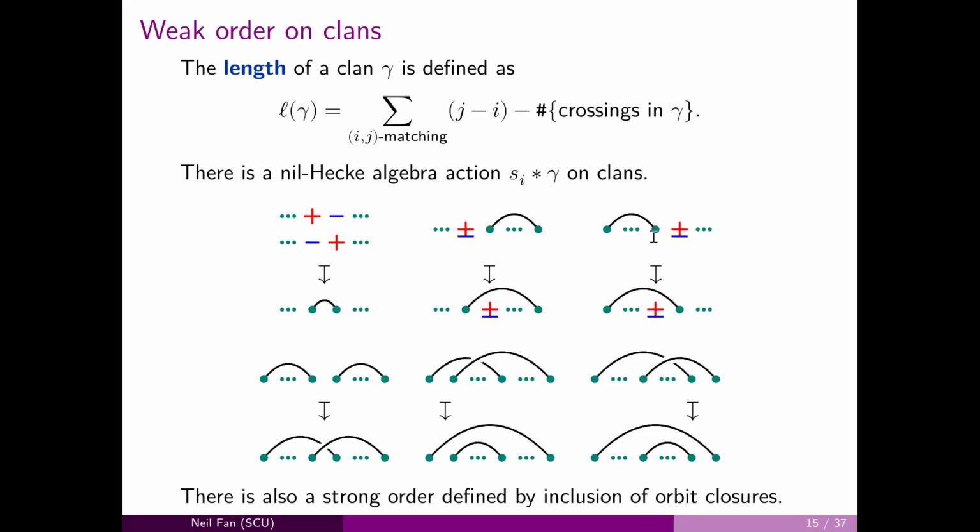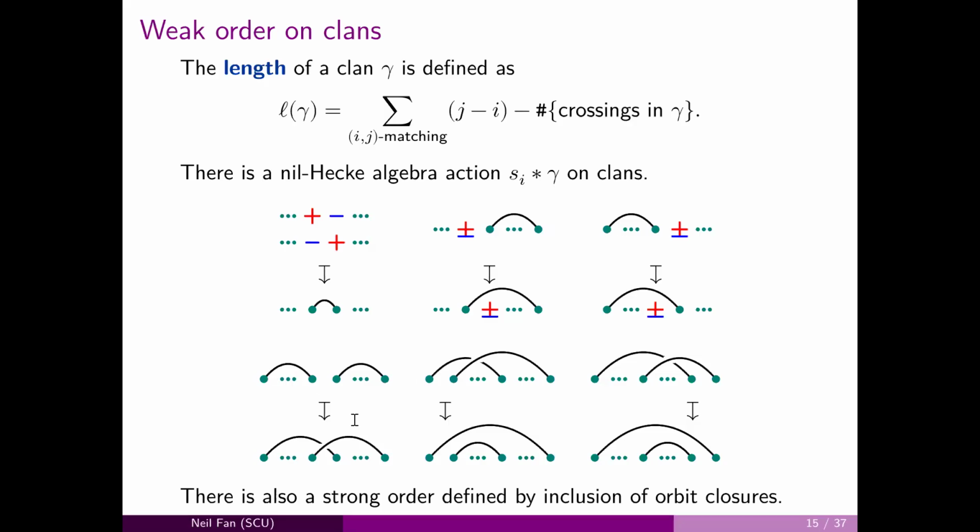Similarly, for these 2 cases, if there is a sign and an arc which are adjacent, we can move the sign under the arc. You can see that the length also increased by 1 because the distance of this arc increased by 1 and the crossings are not changed.